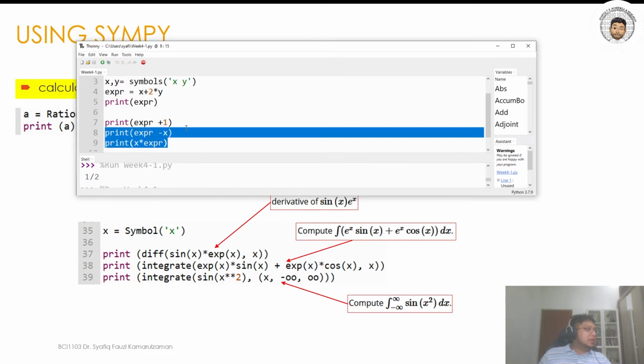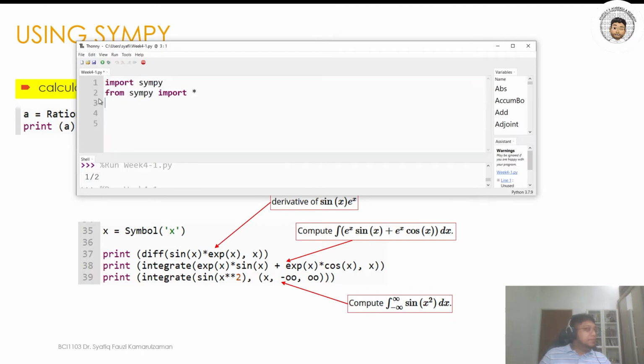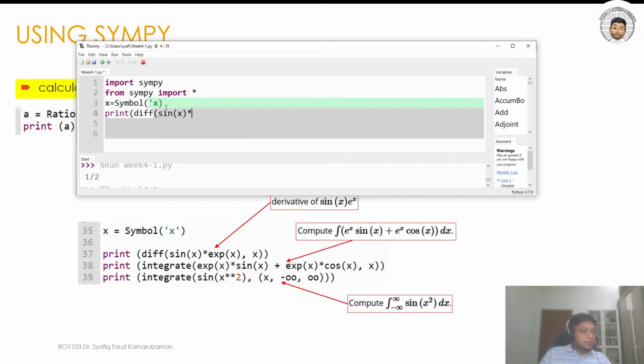So start with import SymPy. If you don't want to use the word SymPy dot before the function, you can use from SymPy import. So you try to do this one first. X is equal to symbol x. Now we're going to do print differential sine x. There you got x.